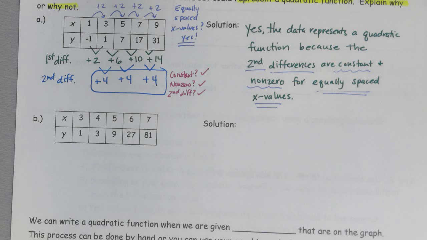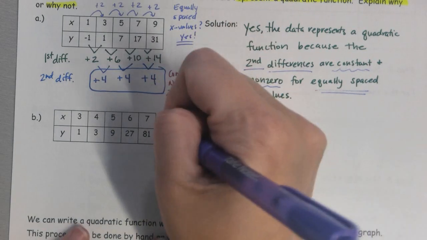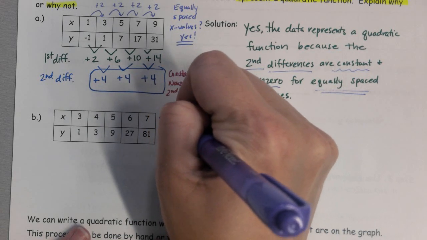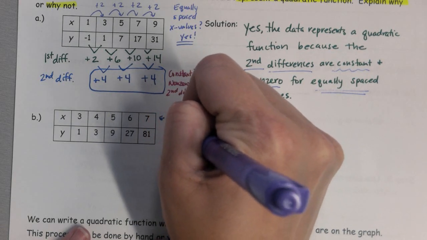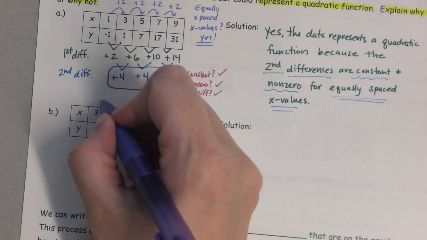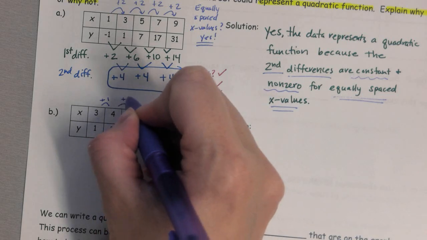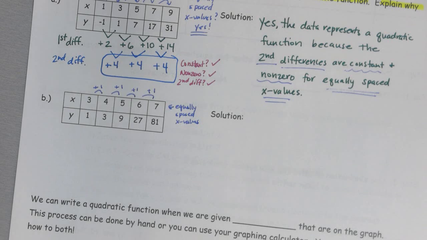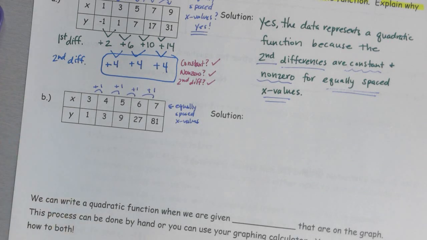Okay, so Julian, what did you check first? Okay, good. So were the x values equally spaced? Yes. Okay, so equally spaced x values. Nice. And then notice these were equally spaced by 2. These are equally spaced by 1 each time, and that's fine. Okay, awesome.